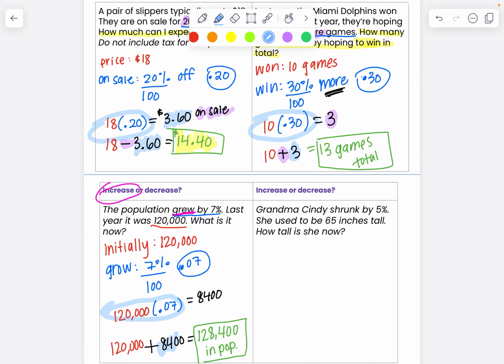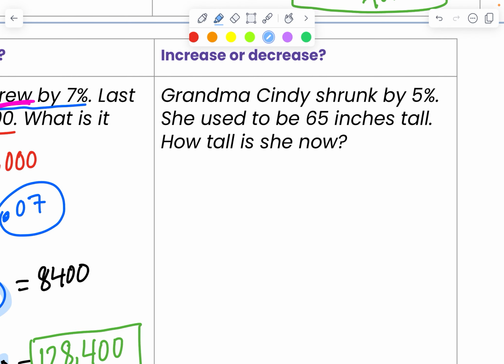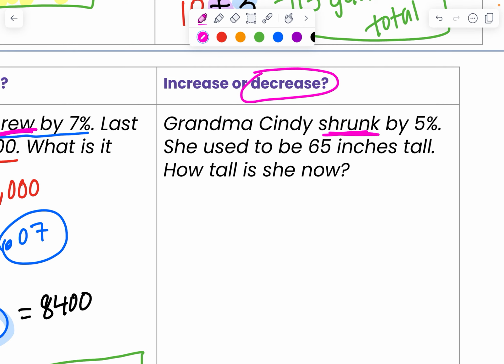All right, let's talk about Grandma Cindy. Okay, so Grandma Cindy shrunk by 5%. She used to be 65 inches tall. I want to know, how tall is she right now? So first and foremost, is this growth or is this decay, and how do we know? This is decreasing or decay because she's shrinking by a certain percentage.